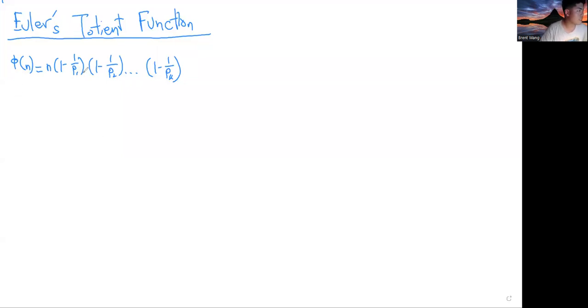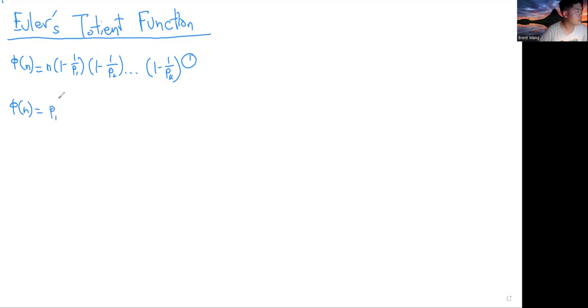So this is the first formula that you have. Now the second formula for phi of n is equal to, what was it again?